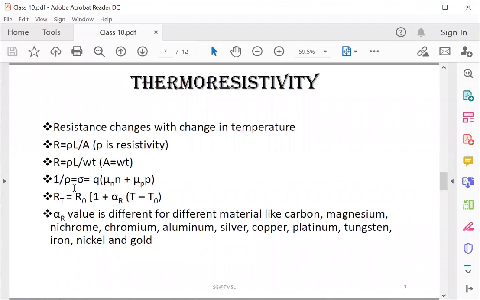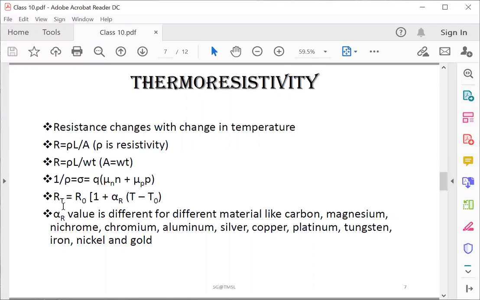is equivalent to sigma, equal to q times mu n n plus mu p p. I think I have discussed this equation a few classes ago.